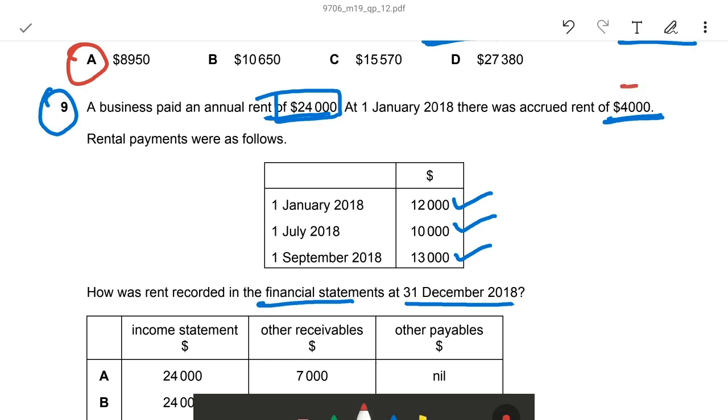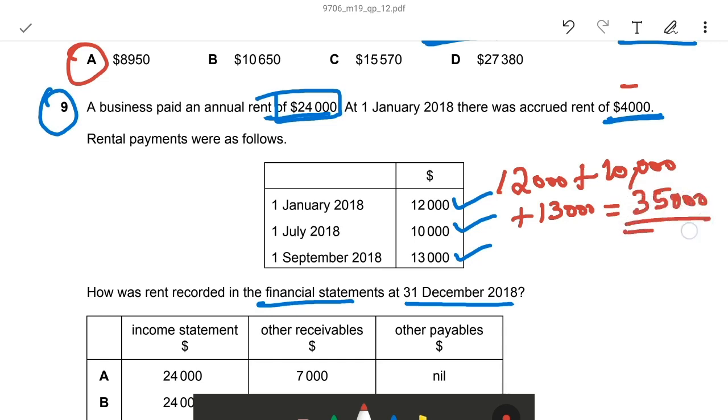The business paid 12,000 plus 10,000 plus 13,000, a total of 35,000 rent. Out of this, deduct the opening accrued of 4,000, and the balance is 31,000.